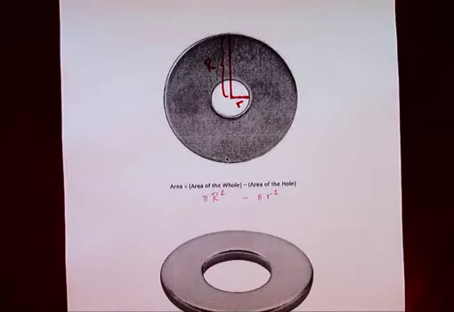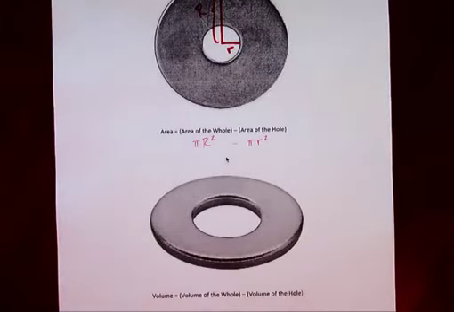Now, when we're dealing with washers, you have to remember that it's just a prism, right? A cylinder is a prism, and it's pi r squared h. A washer is basically a cylinder where a smaller cylinder has been pulled out.